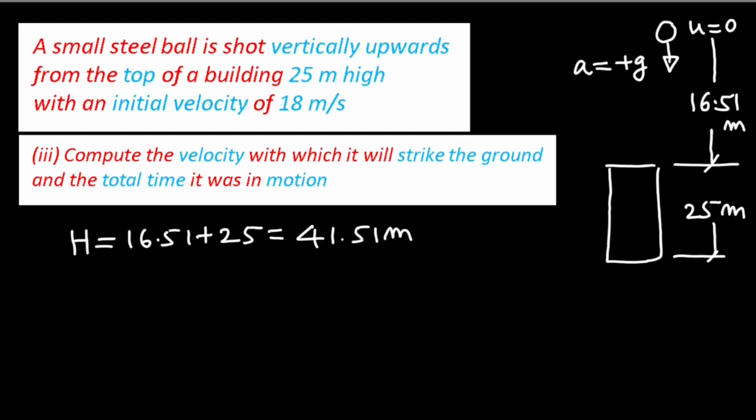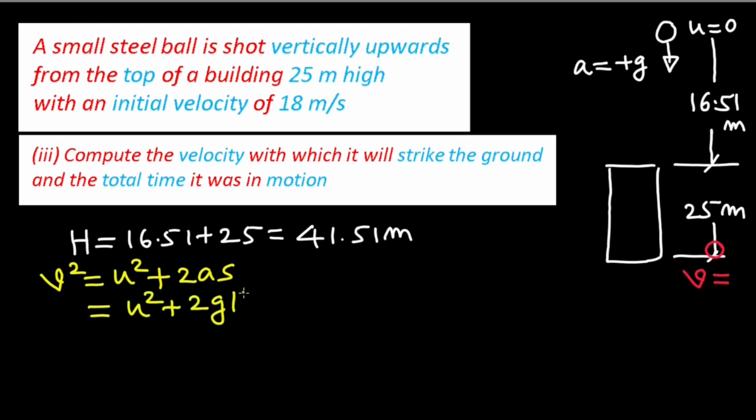Suppose when the ball strikes the ground, its final velocity is v. In order to find the final velocity when it strikes the ground, we will use the third kinematic equation, which is v square is equal to u square plus 2as, which is u square plus 2gh. We will substitute the values.